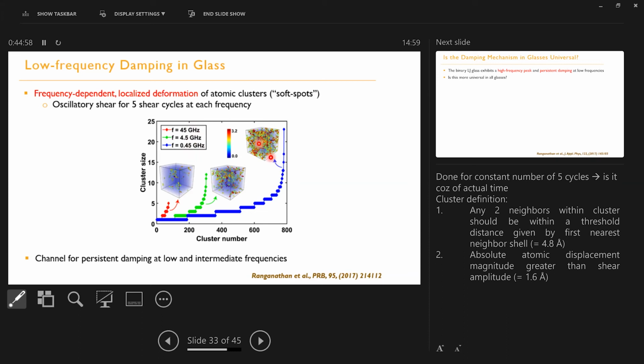And we see that when you have lower and lower frequencies, you are enhancing the formation of these soft spots more and more. This is directly contributing to an additional mechanism of damping only for the glass structure, whereas this is absent for our crystalline structures. They cannot diffuse into empty regions. So these are some very powerful correlations that we could get by running MD simulations.